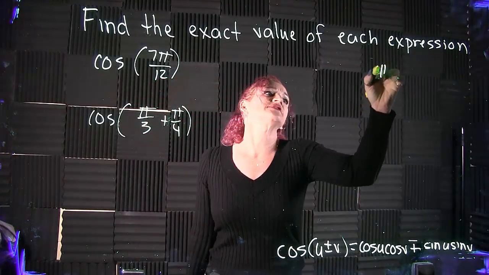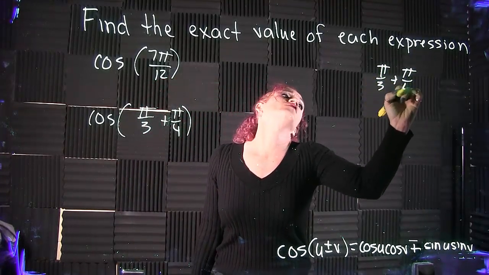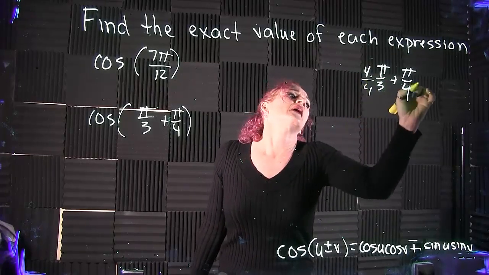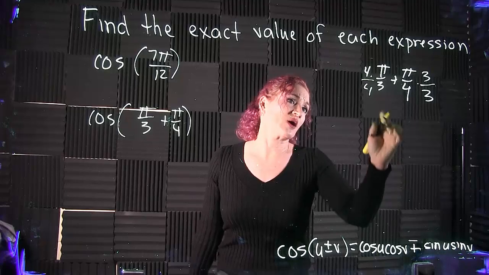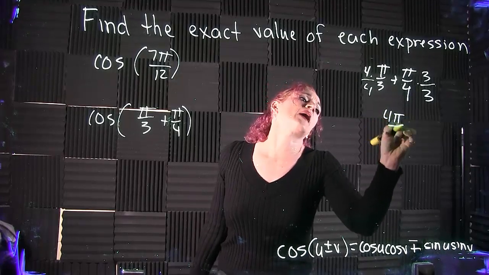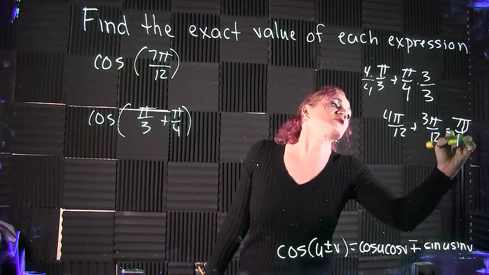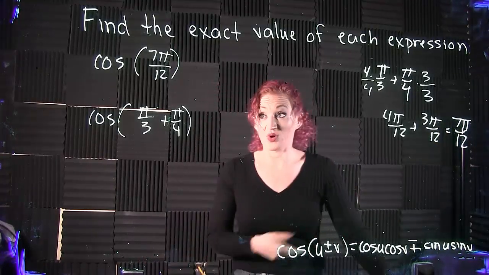If we take pi over 3 plus pi over 4 and get common denominators, the common denominator is 12, so we end up with 4 pi over 12 plus 3 pi over 12, which is 7 pi over 12.